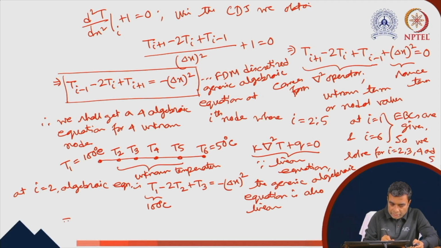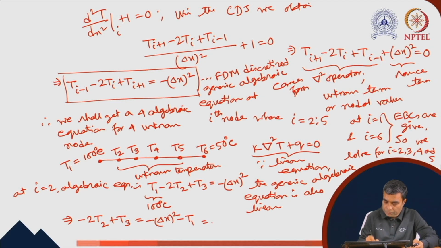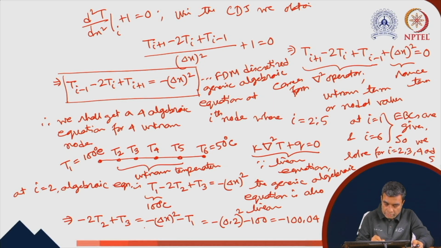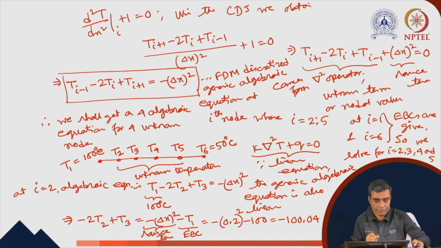So we write this equation as minus 2T2 plus T3 equals minus delta x whole square minus T1 equals minus 0.2 whole square minus 100 equals minus 100.04. So this is the source term, this is the EBC. So this is the equation at node number 2.